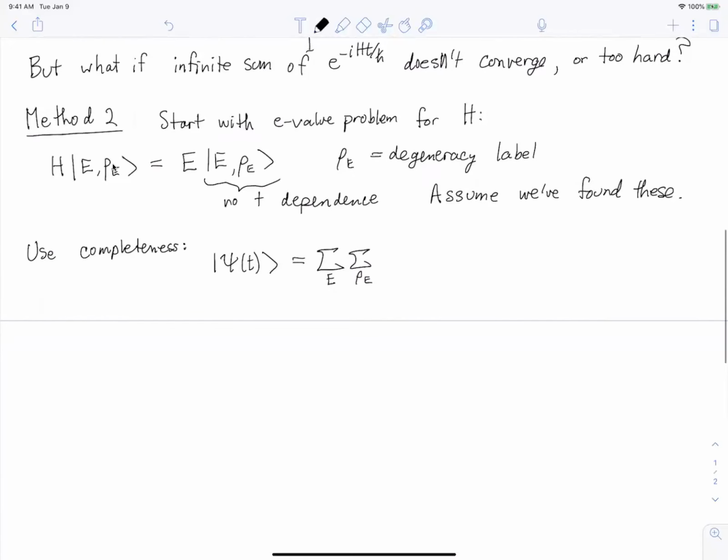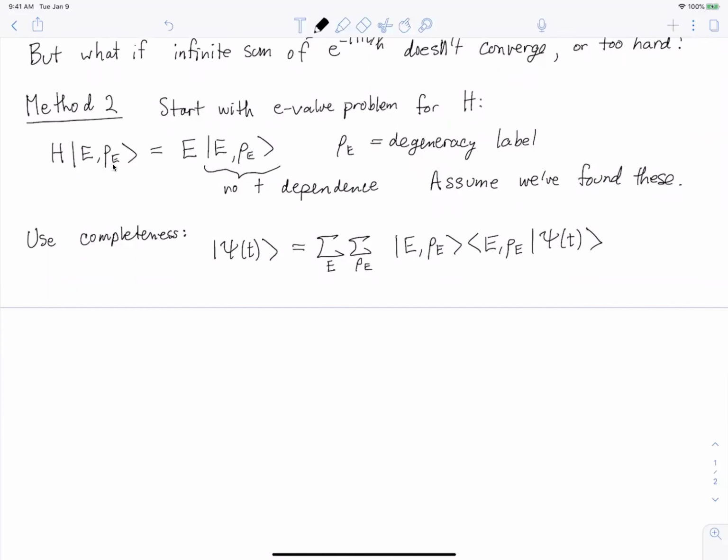Notice that's why rho sub E has to have the subscript E on it, because one energy level might have a degeneracy and some other energy level might not. So the degeneracy label depends on what the energy is. And then we have |E, rho sub E>, inserting a complete set of states, acting on psi of t. So we've just written one in a clever way.